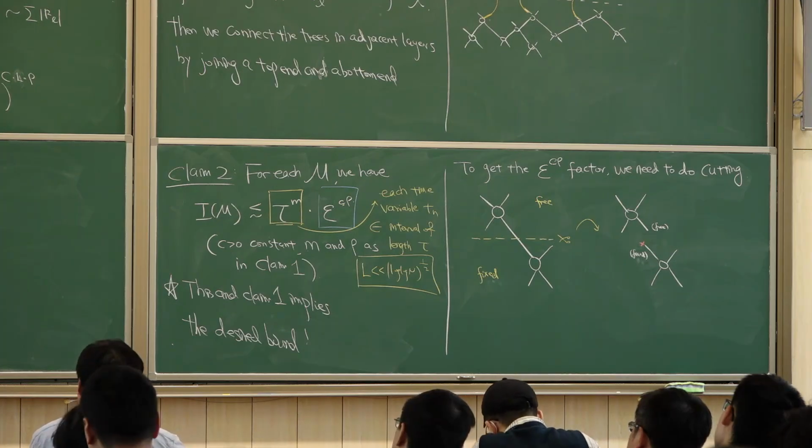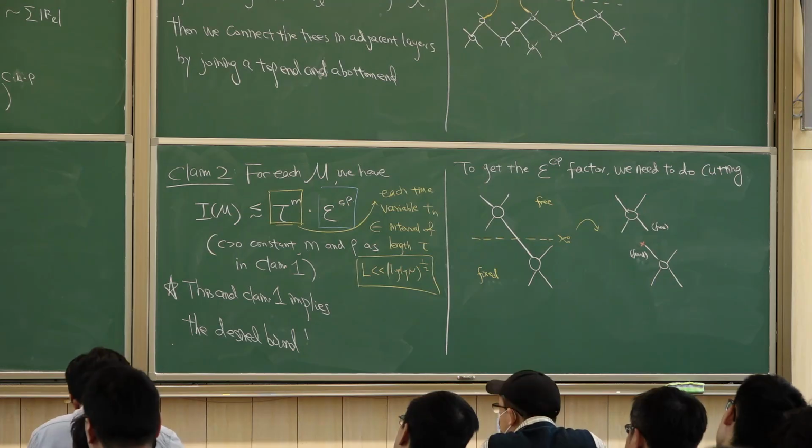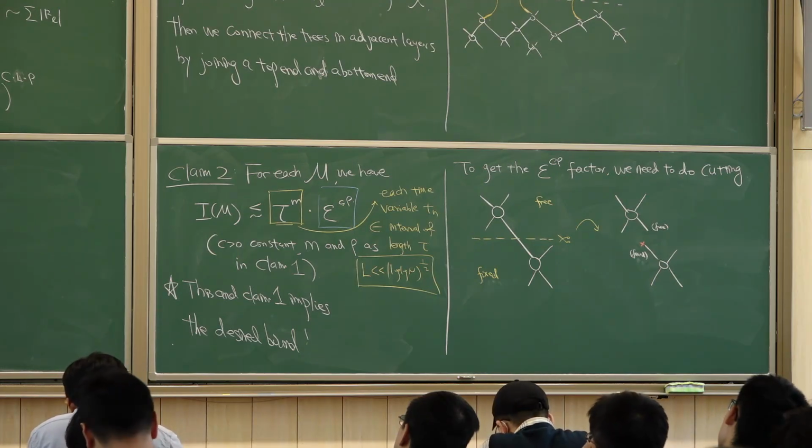So when we cut into a free end, this is a Z_e, and this is the same Z_e. So this variable is the same as this and the same here.